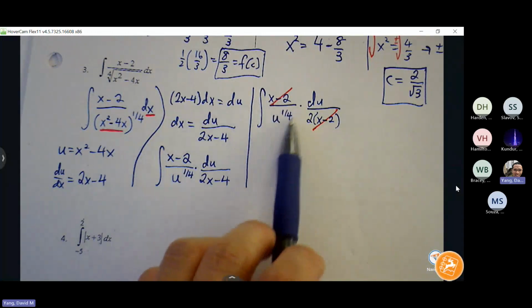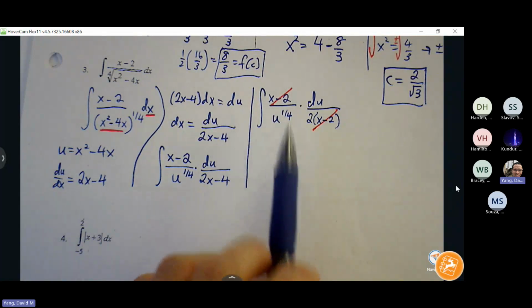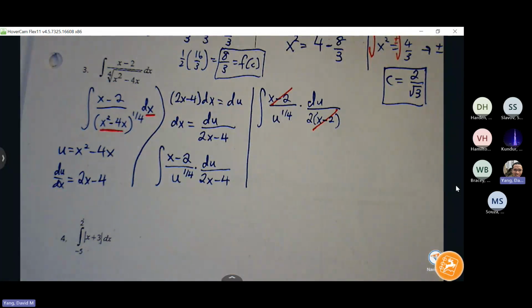We would like to do power rule, but is there something else that needs to be adjusted before power rule can occur? This is power rule, but something is a little bit off. Yeah, the variable is in the denominator. I know it feels like we just do power rule here, but with the variable in the denominator, power rule doesn't work.